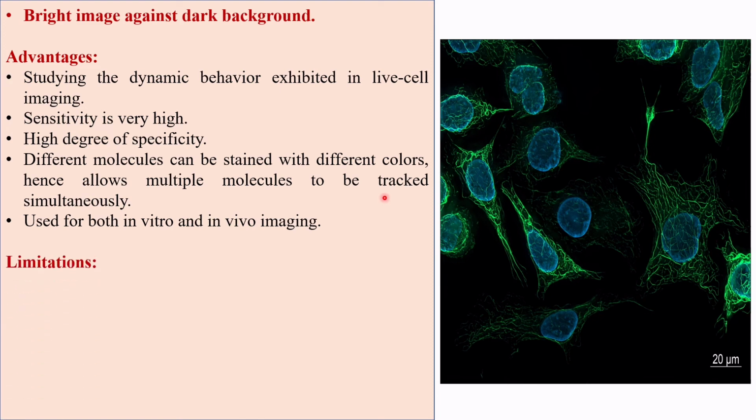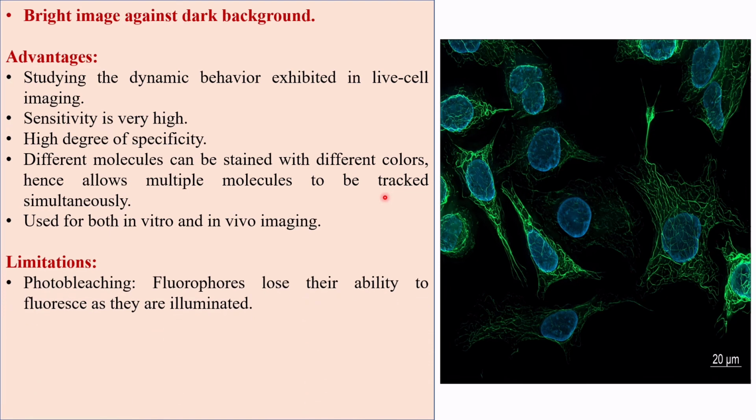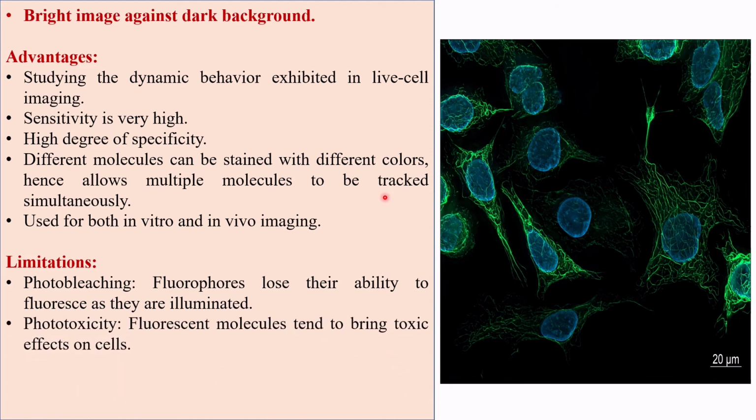The major disadvantage of using a fluorescence microscope is photobleaching. Fluorophores lose their ability to fluoresce as they are illuminated. And phototoxicity. Phototoxicity is where fluorescent molecules tend to bring toxic effects on cells, right?